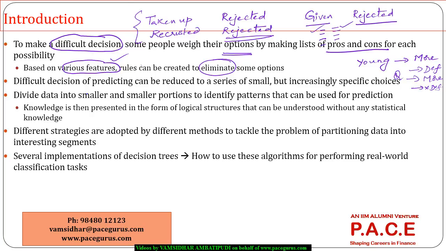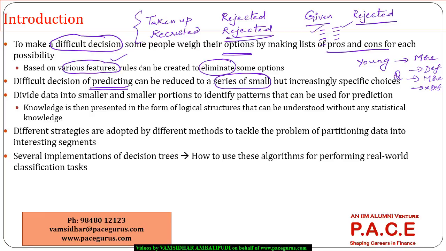So when I am presented with a decision making role and I have to take a decision, I would be following such a process. Now, this is how I make decisions of predicting. By doing some kind of eliminations, I am reducing them to a small set of choices.